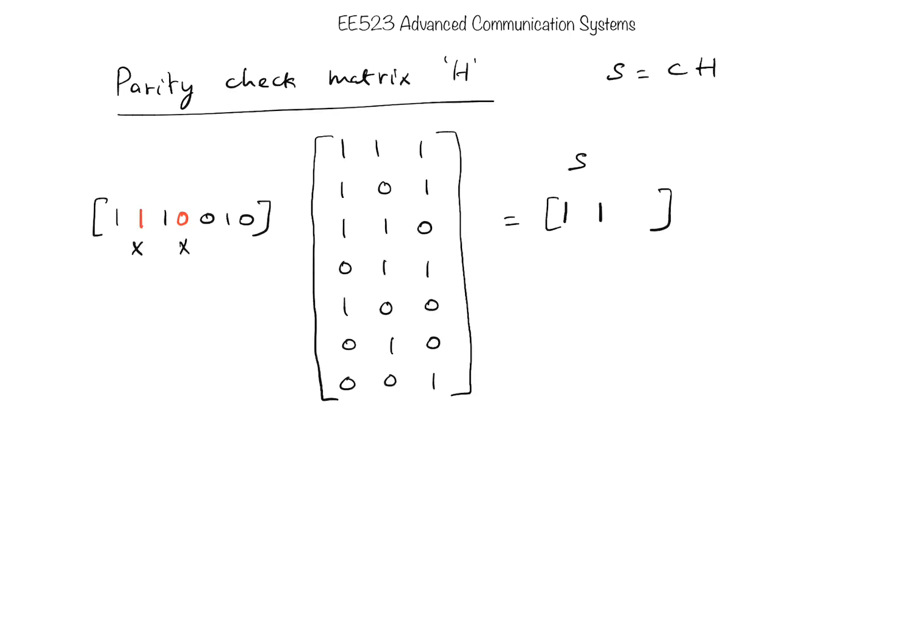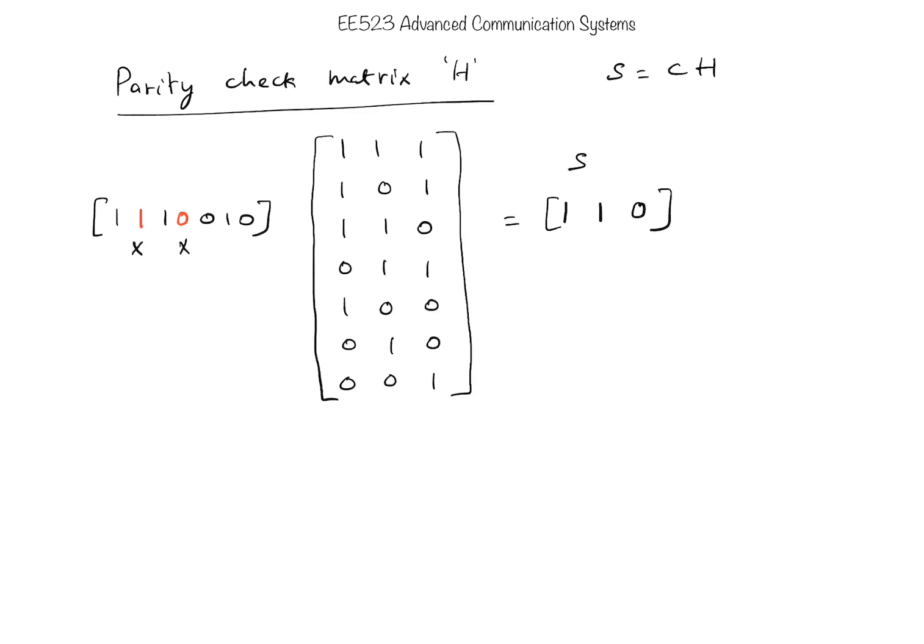Now for the third column: 1 into 1 is 1, 1 into 1 is also 1, so that's 2, 1 into 0 is 0, 0 into 1 is 0, 0 into 0 is 0, 1 into 0 is 0, and 0 into 1 is 0. So we have a total of 2, and modulo 2 addition gives you 0. So you get 1, 1, 0.